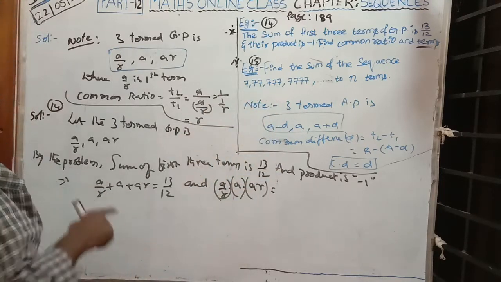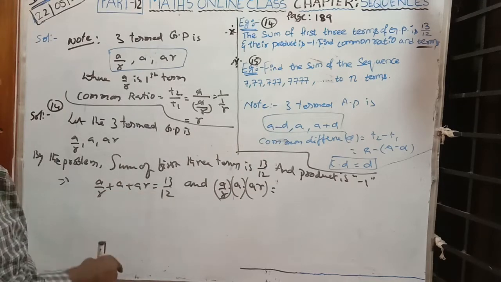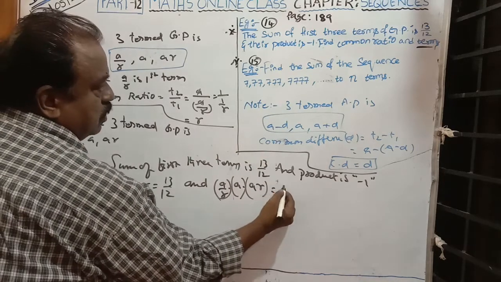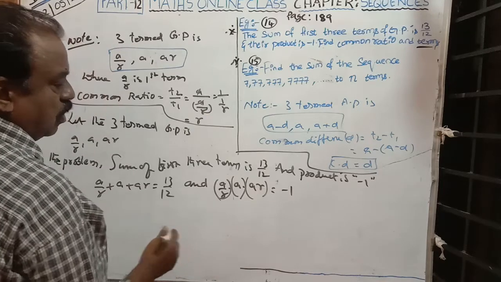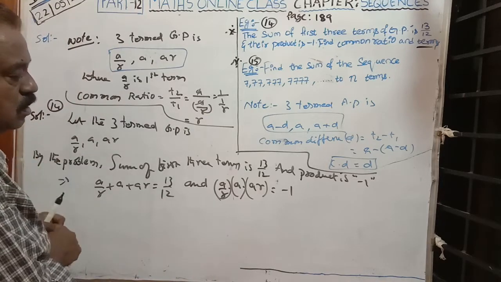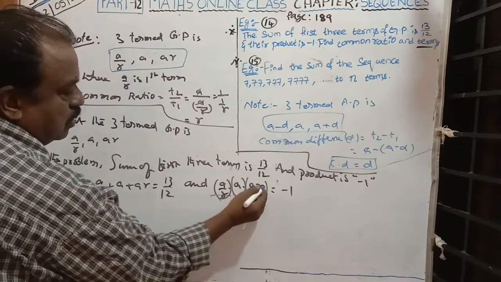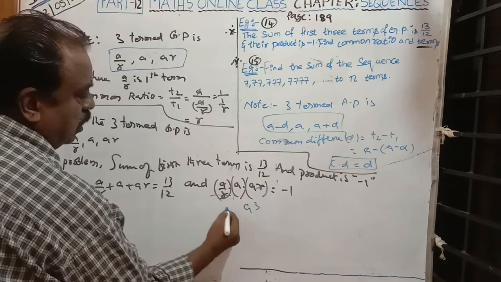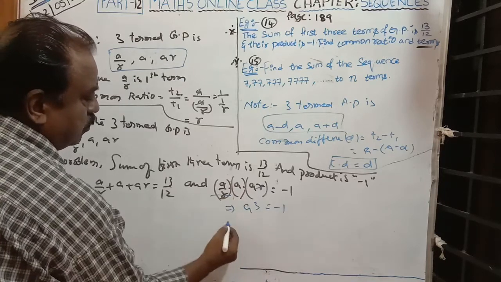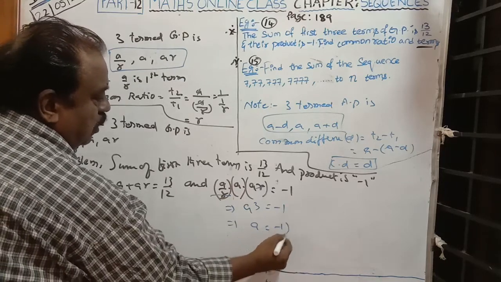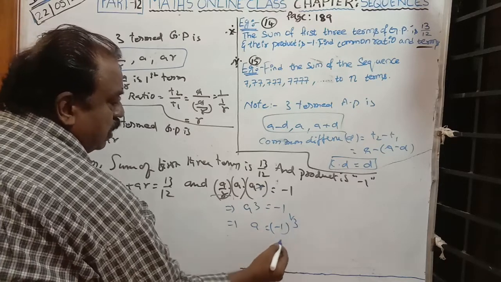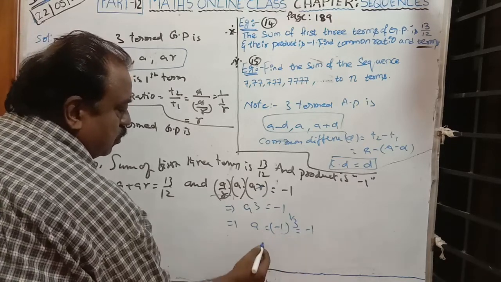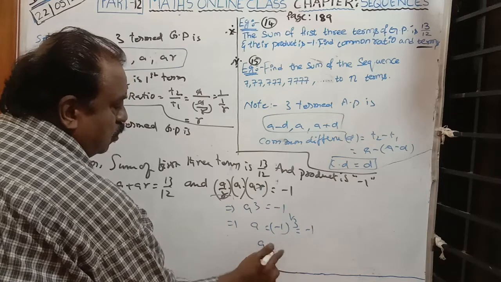Their sum is 13 by 12 and their product is minus 1. You see here, in the product R cancels, so we get A cube. A cube is minus 1, A is equal to minus 1 power 1 by 3, that is minus 1. So A is equal to minus 1.